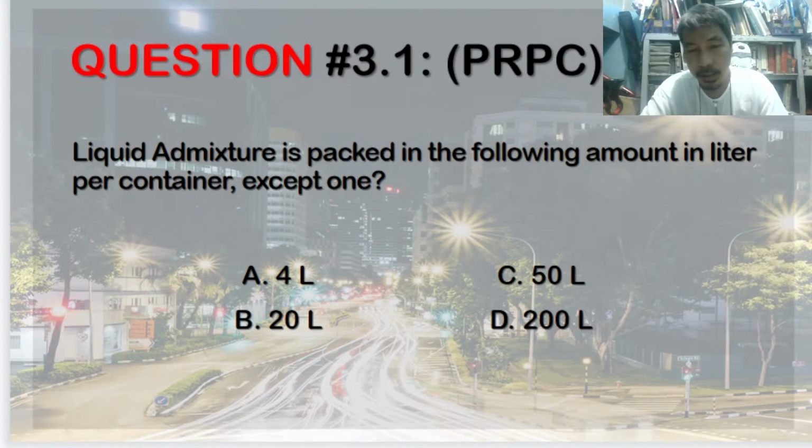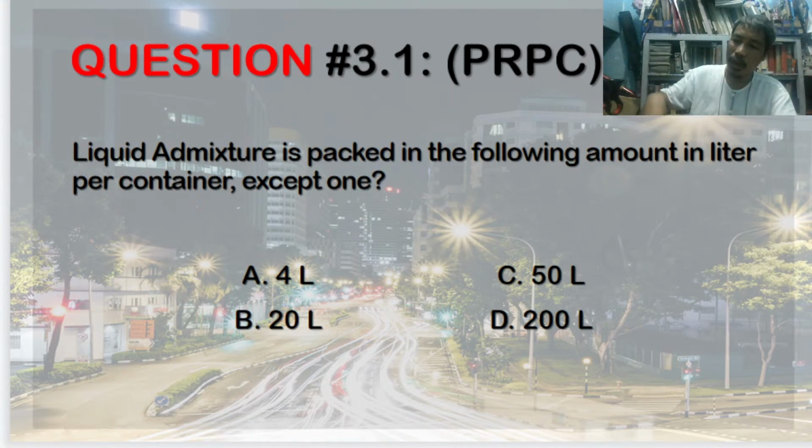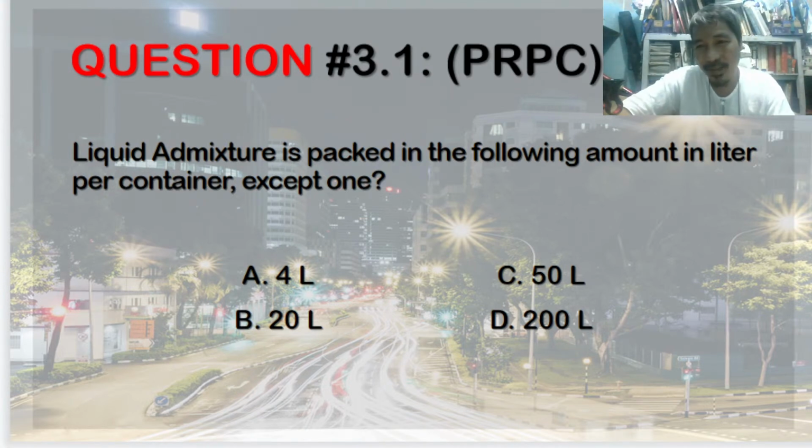C, 50 liters. D, 200 liters. So the question is, liquid admixture is packed in the following amounts in liters per container except one. So which one is the wrong answer? You will answer the amount in liters which is not the packaging of liquid admixture.